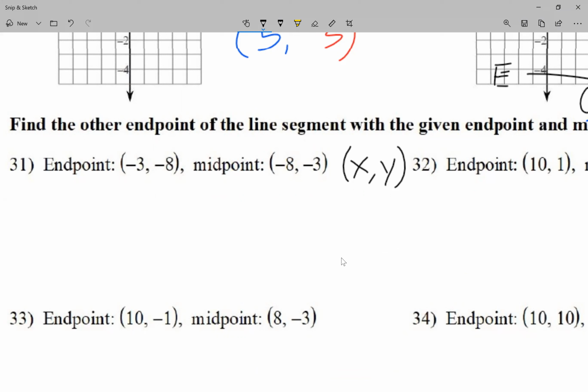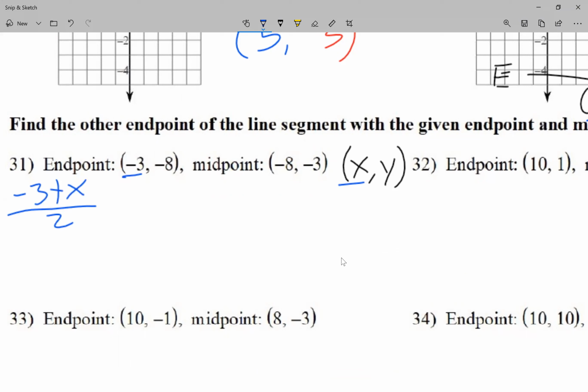One thing that I know on the x values is if I add the x values of the endpoints, negative 3 plus x divided by 2 is going to give me the x value of the midpoint, which in this case is negative 8. I added the x values of the endpoints divided by 2 and it equals the x value of the midpoint.